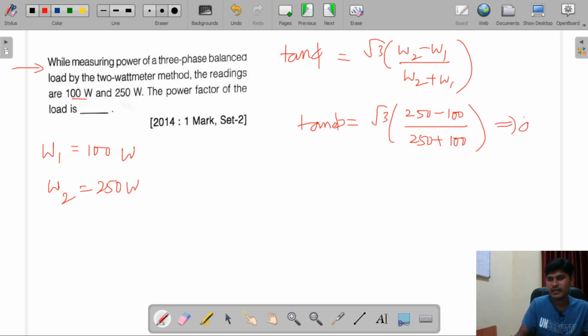From this, what is phi? You're going to get tan inverse of root 3 into 150 by 350.